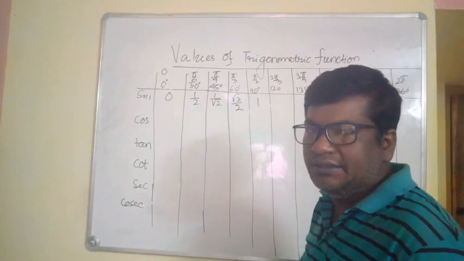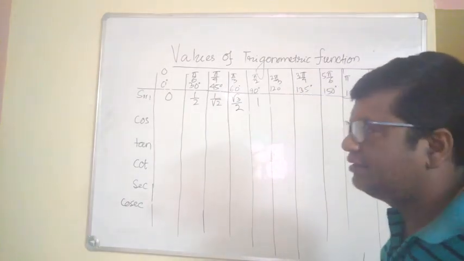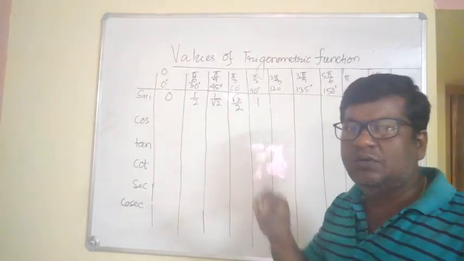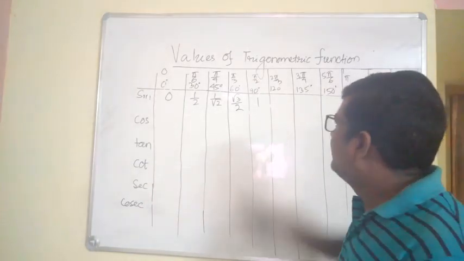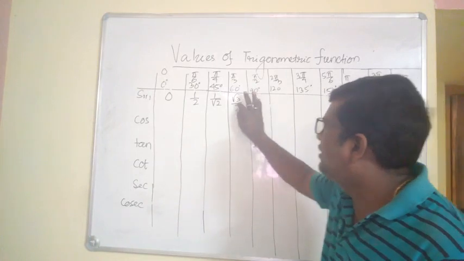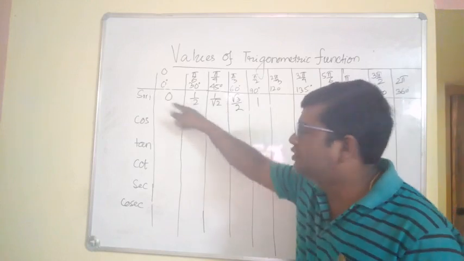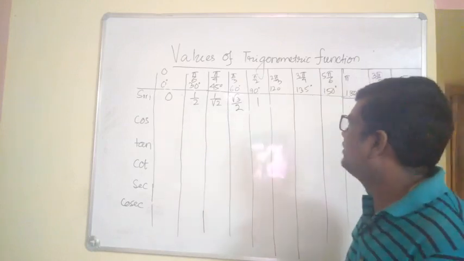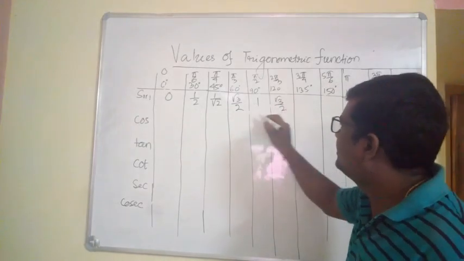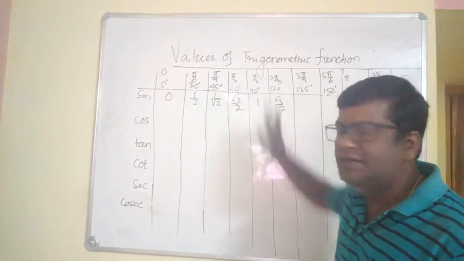After 90, that is greater than 90 and less than 180, theta lies in second quadrant, so sine and cosec are positive. Then leave the 1 and write root 3 by 2, 1 by root 2, 1 by 2, 0 in this manner, from right to left except 1.